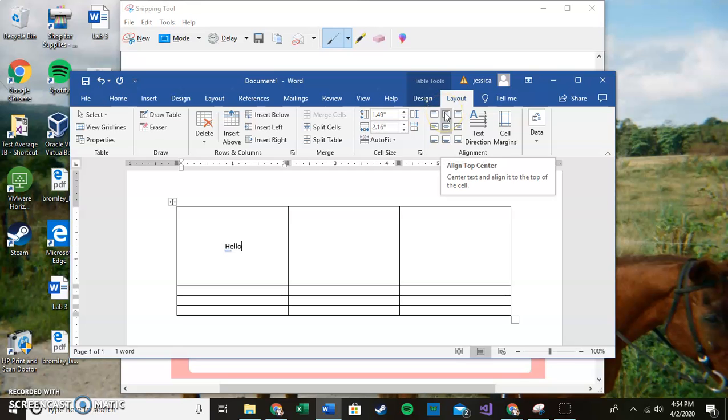For a horizontal center, it would be the top, the middle, and the bottom. This one doesn't say, but these ones tell you that this is centering it vertically.